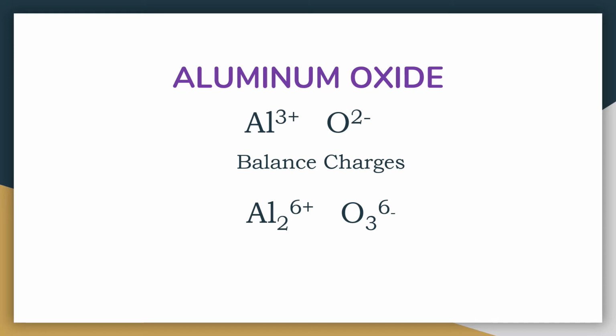In the crisscross method, aluminum gets the 2 and oxygen gets the 3. They get the opposite charges of each other, just so they can make the same charge. They then cancel the charges and are neutral. And our final balanced compound is aluminum oxide, having that subscript 2 and 3.